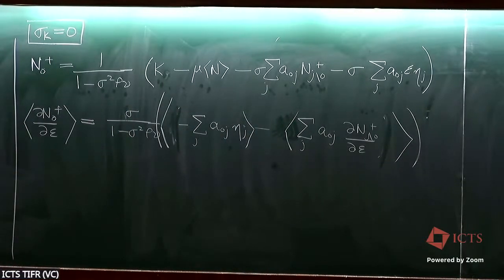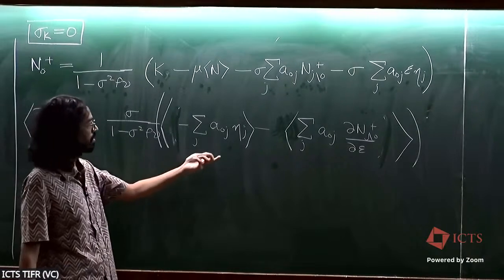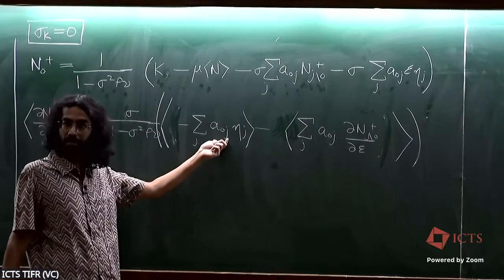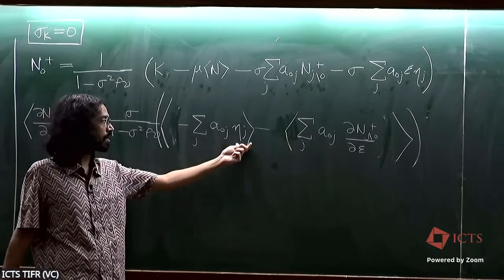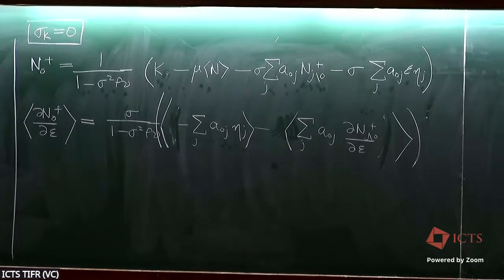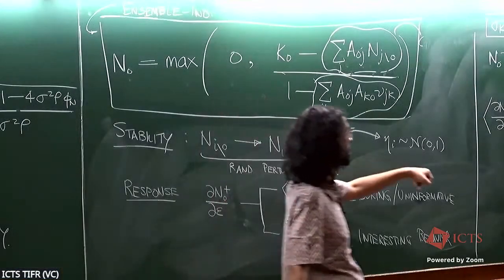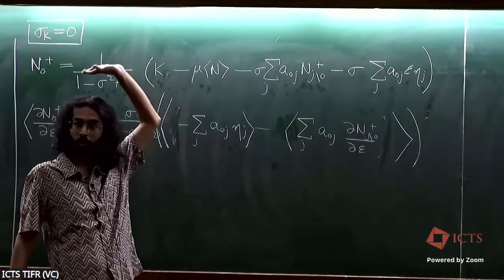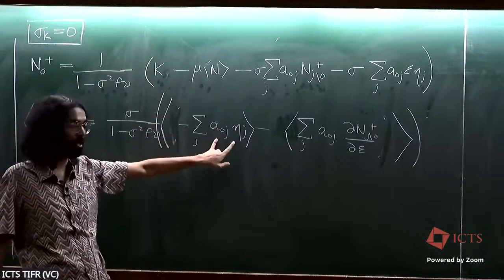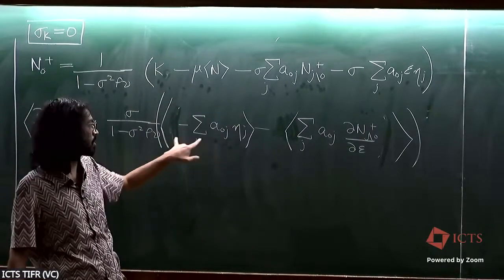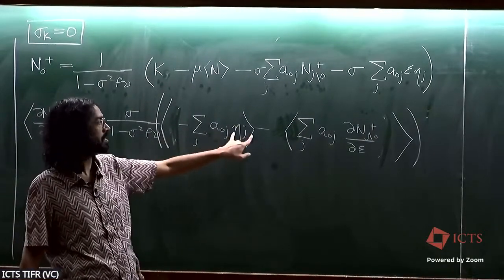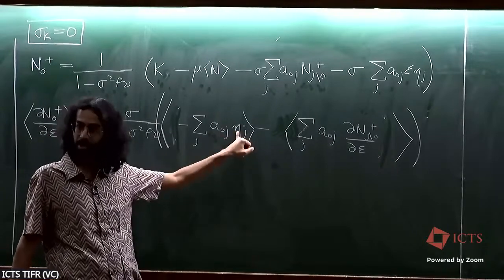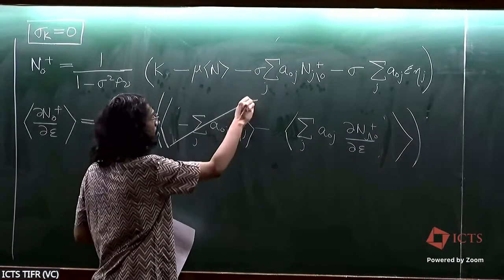Can we argue really quickly that this should be 0? This A0j is a mean 0 Gaussian random variable. This guy was a mean 0 variance 1 Gaussian random variable. This is about a perturbation that I perform. This is about what the system was like before. They don't know anything about each other. So the mean of this is the mean of this times the mean of this. 0 times 0, that's going to go to 0.